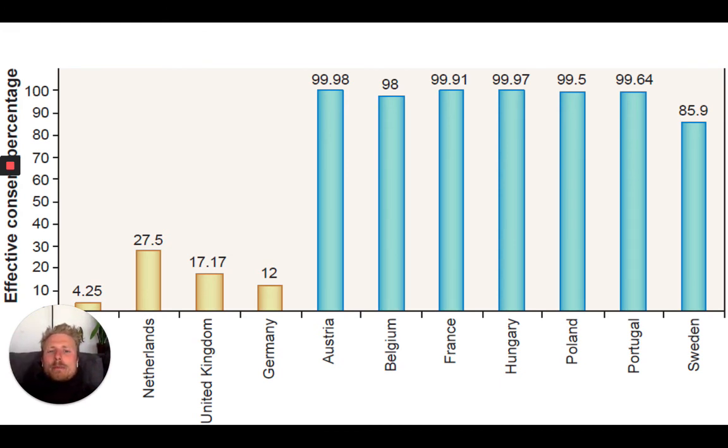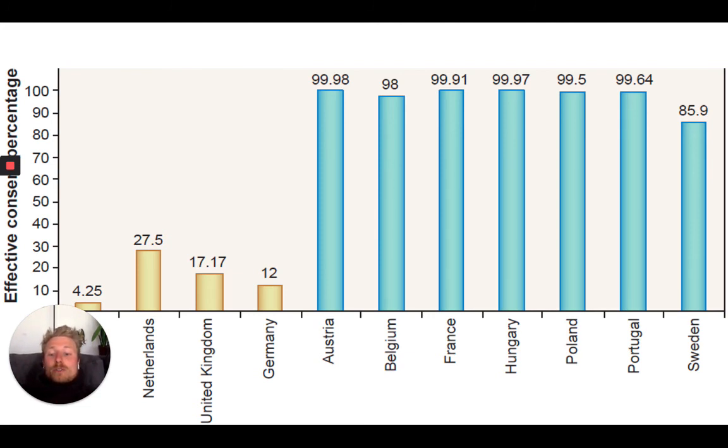So this is from a paper by Johnson and Goldstein from 2003, if I remember correctly. And basically what it shows, and it's out of date because the Netherlands are also close to the 100% mark now, is organ donation rates in countries across Europe. It's quite puzzling initially to see that in some countries, most of the people, when they die or have an accident or an injury, are willing to give their organs.